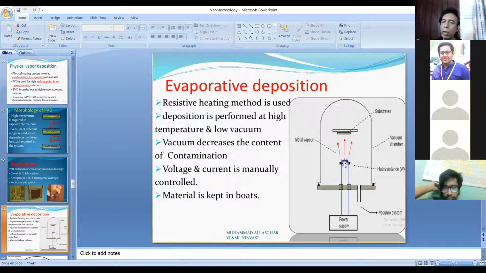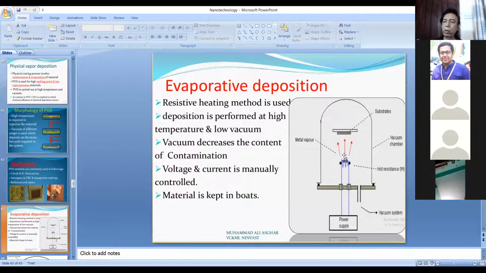So when aluminum starts to go towards the substrate, it will collide with a nitrogen atom or oxygen atom and deviate from its path.